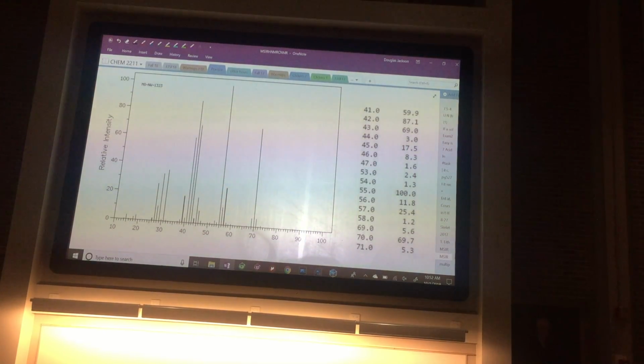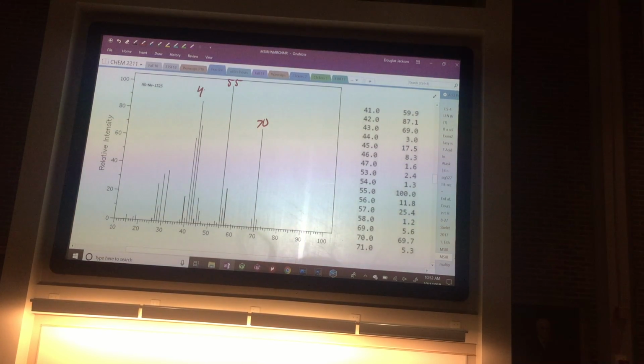So here we see 70 is our highest peak. Let's look at what we have. M-15 is 55. The biggest peak in the cluster is 41, 42.